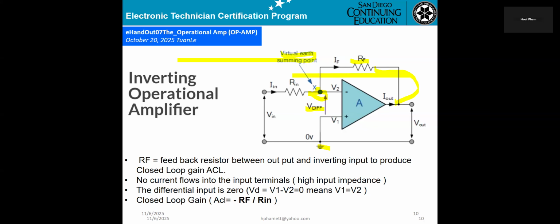At the output you get the negative, then the other side here has to be positive. So when you get a positive here and a negative at the output, that's only telling you one thing: the current goes to RF, it cannot go down. It will go into the op amp.